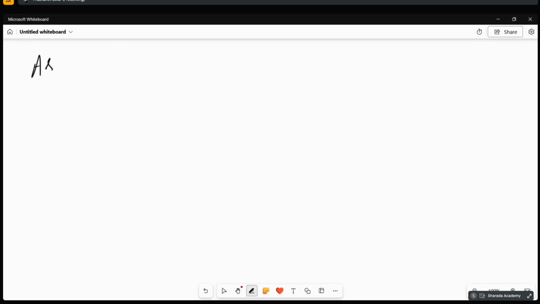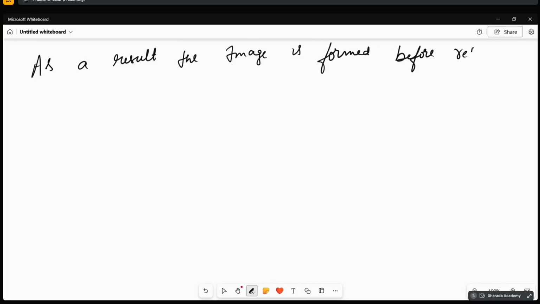Write down. As a result, the image is formed before the retina. So what will be the remedy here?